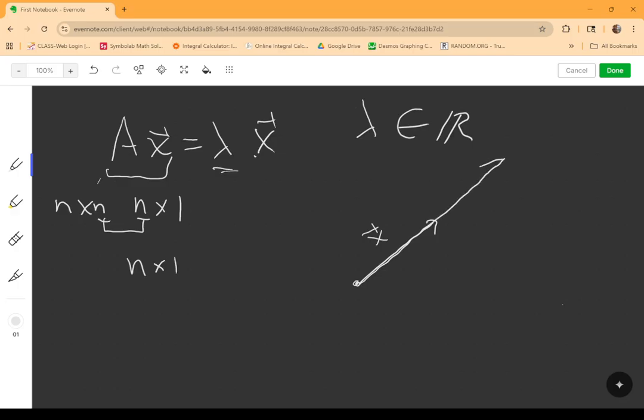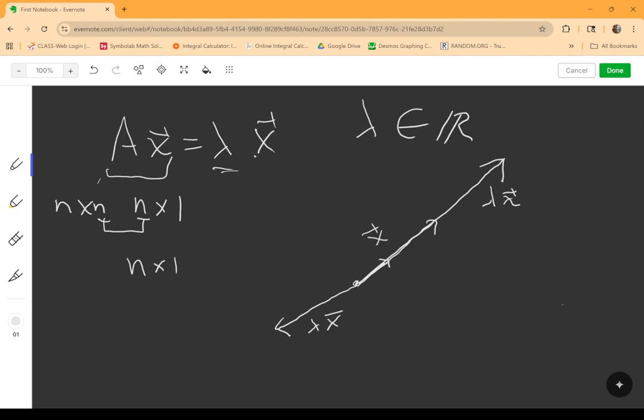If it's more than 1, we get this longer vector, lambda x. It can also go in the negative direction. So it stretches or shrinks it. If it's smaller than 1, then it would be somewhere here. But all in all, it does not change the direction.